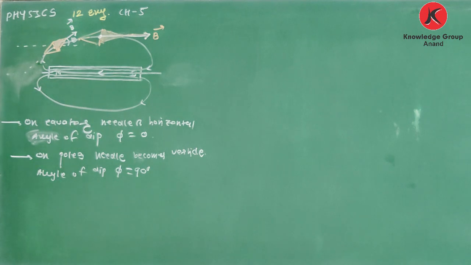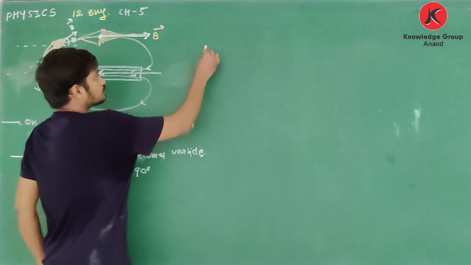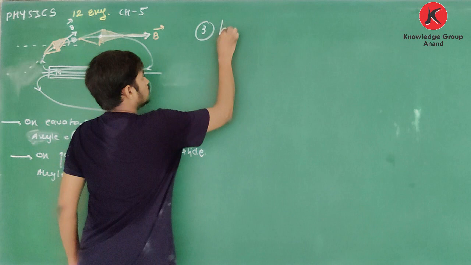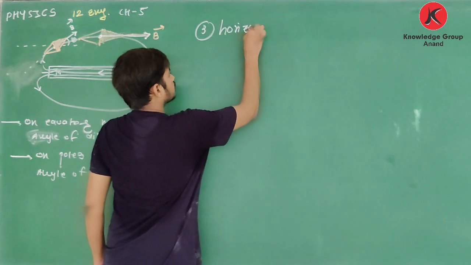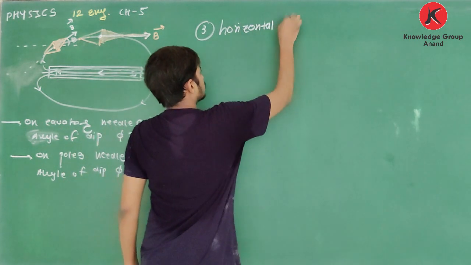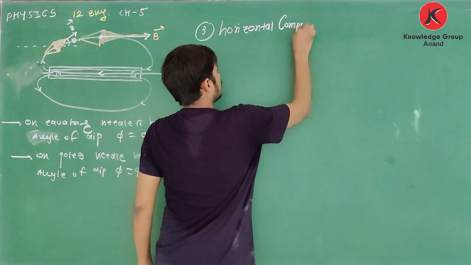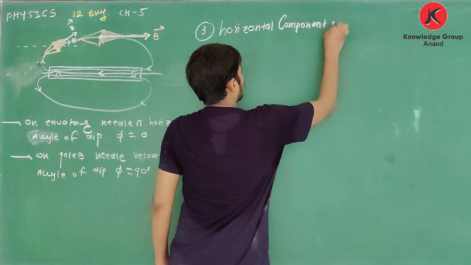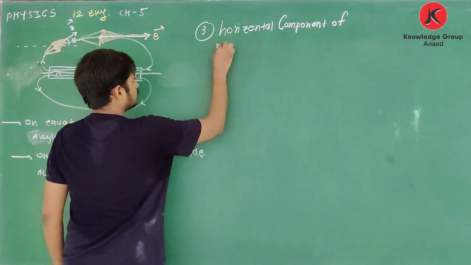Now the third one is the horizontal component of Earth's magnetic field. See, the third one: the horizontal component of the magnetic field.